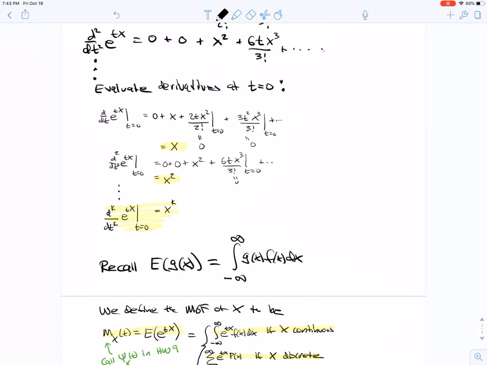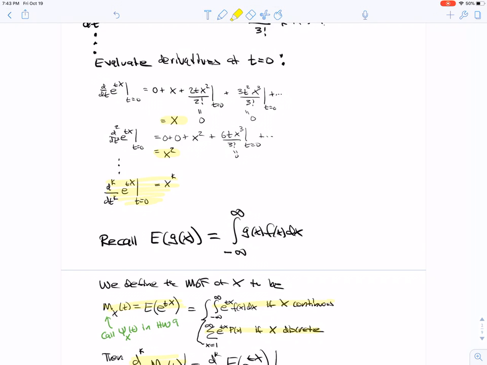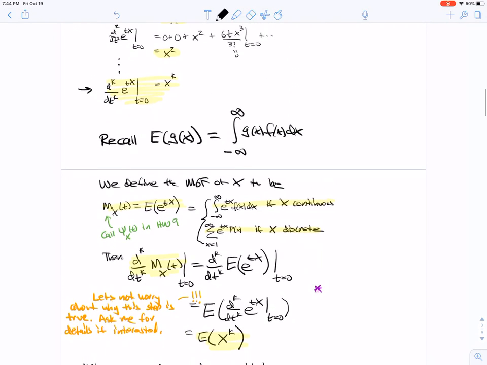So if I take the expectation of both sides of this formula right here, and suppose that I take the derivative outside of the expectation, if I can just pass that derivative outside the expectation, then I would get that my moment generating function should be the expectation of e to the tX, and that the kth derivative of the expectation of e to the tX evaluated at t = 0 would be the expectation of X to the k, which is exactly what I want. So that's just motivation.